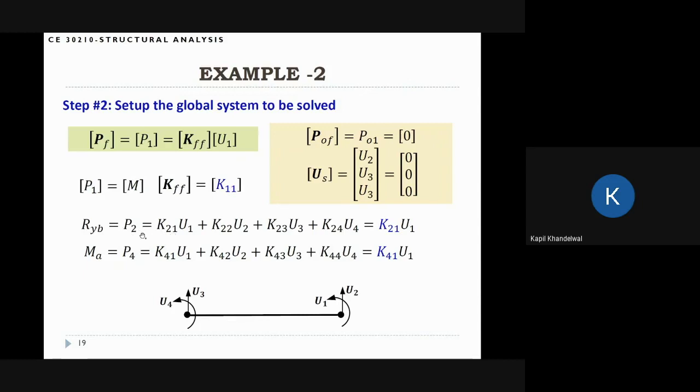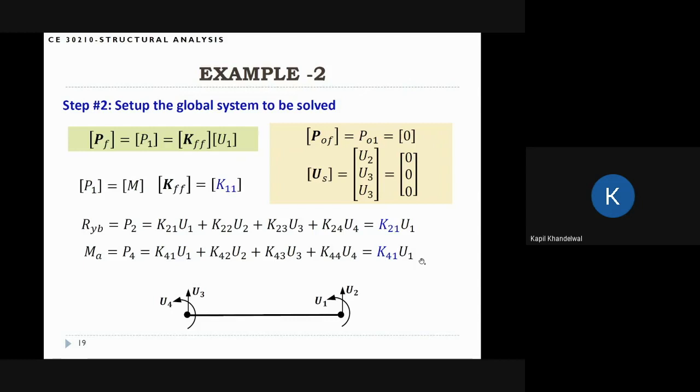So this equation just results in K21U1. Similarly, P4 is the moment here, so it's equal to MA. And it's equal to K41U1 plus K42U2 plus K43U3 plus K44U4. But again, because U2, U3, U4 are all 0, this just reduces to K41U1.